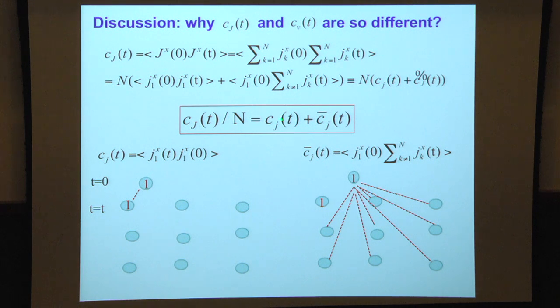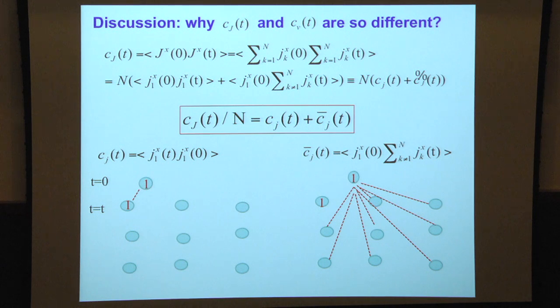What is the meaning of the first term? The first term means the correlation of the target particle with itself. And the second term means the correlation of the target particle with other particles.